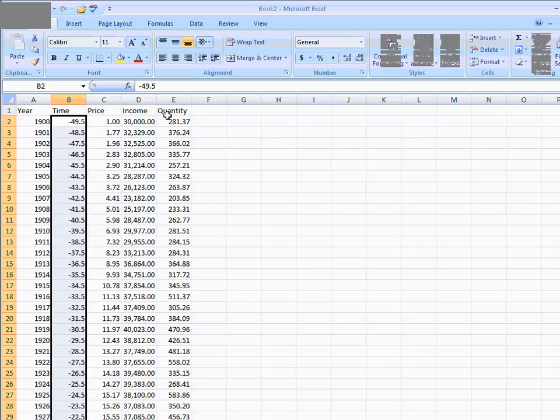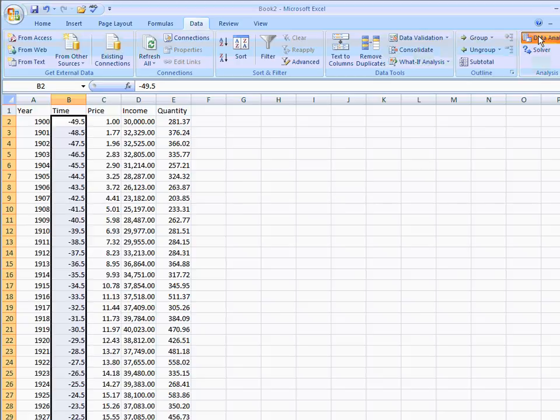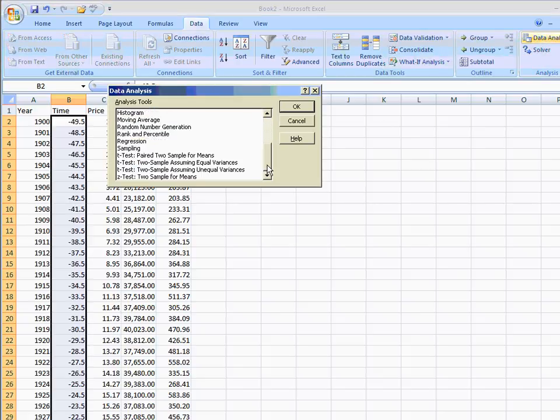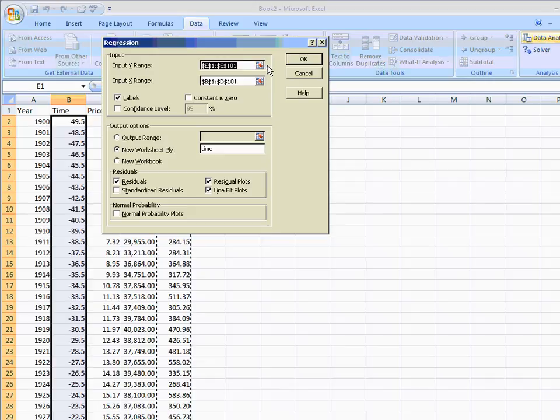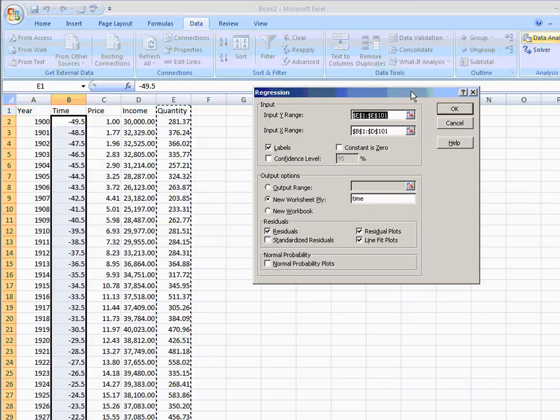Now let's run the regression. So we go to data, data analysis, regression, and it has stored in the regression that I had before. That's E1 to 101.